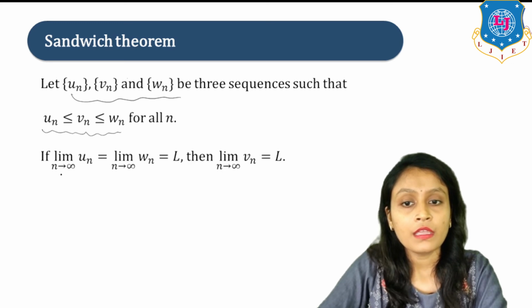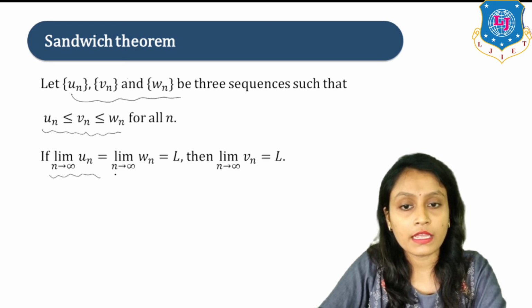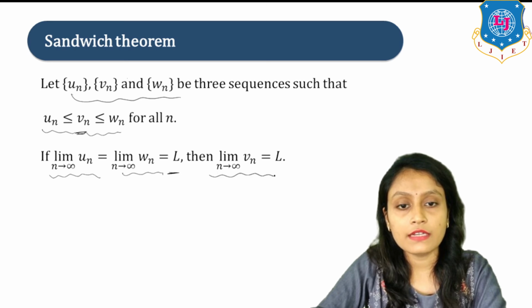Then if the limit as n tends to infinity of un and the limit as n tends to infinity of wn are both L, then the limit as n tends to infinity of vn will also be L. So if the limit of un is equal to L, and the limit of wn is equal to L, meaning both limits are the same, then the limit of vn will also be equal to L.